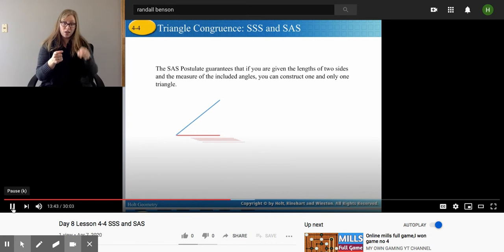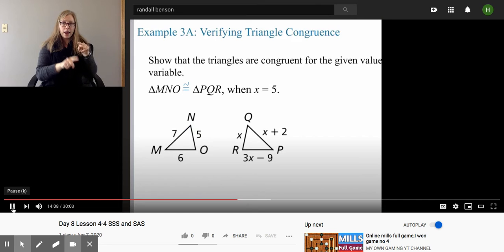But once I fix that angle, let's say I said this angle is going to be at 30 degrees, then this length is predetermined. It's not going to change. And so the idea is that if I know the lengths of two sides of a triangle and the included angle, there's exactly one and only one triangle that you can make with those specifications.